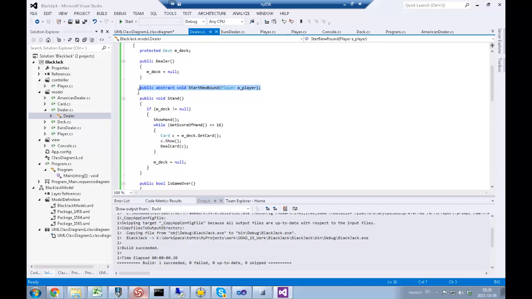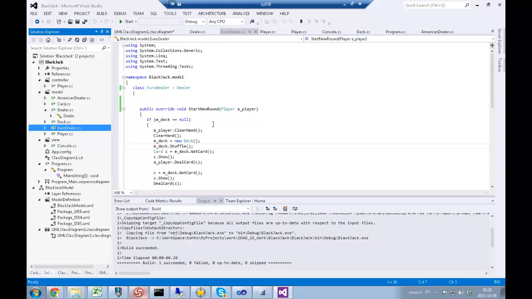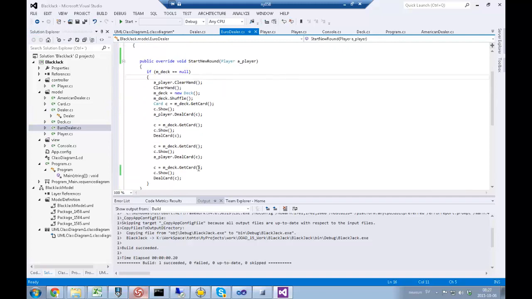Okay, in America we start blackjack in one way, in Europe we start in another way, and we could imagine more ways to start a new blackjack round, maybe. So these two classes supplied a different implementation here.